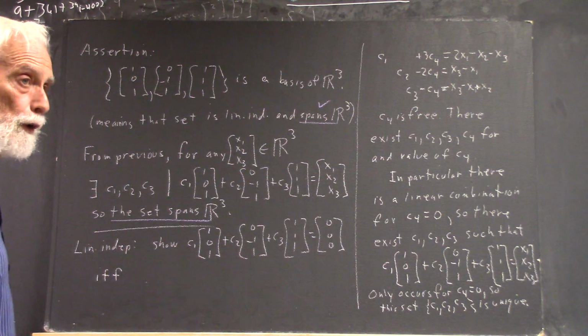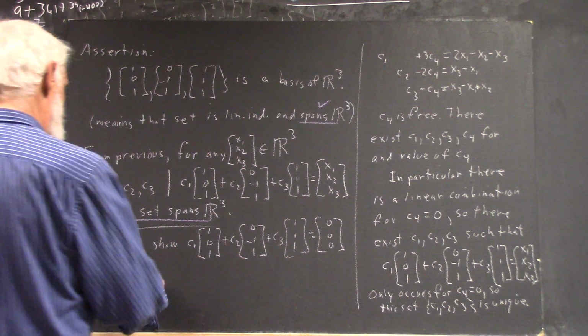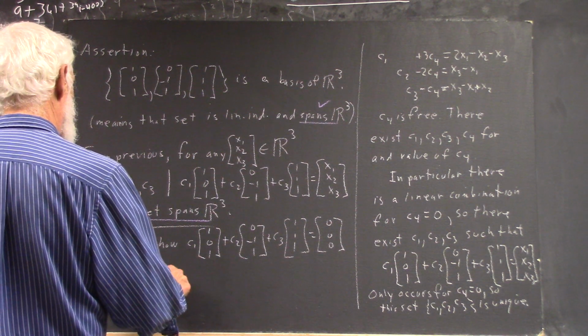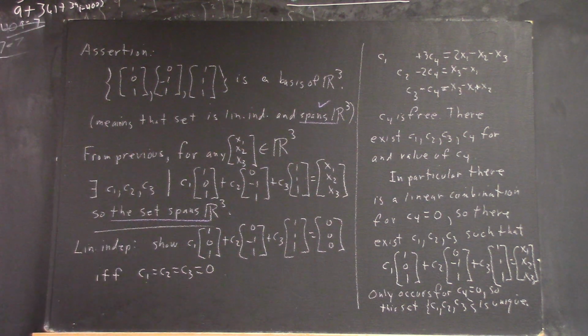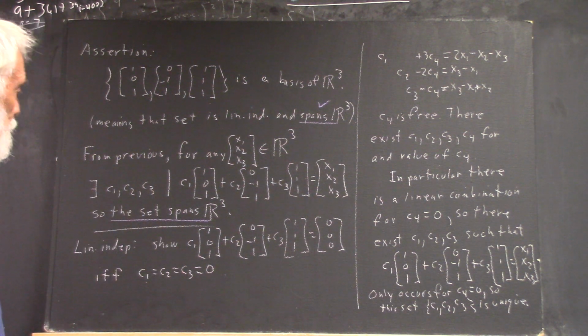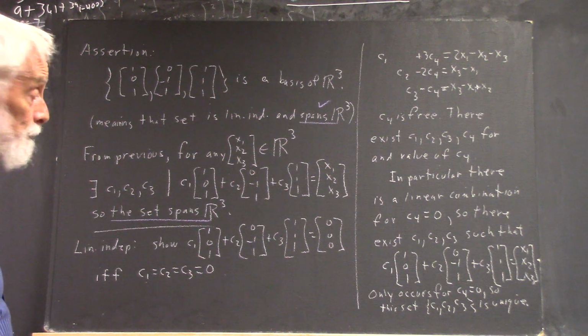IFF stands for if and only if. All the C's are 0. So what do we do?